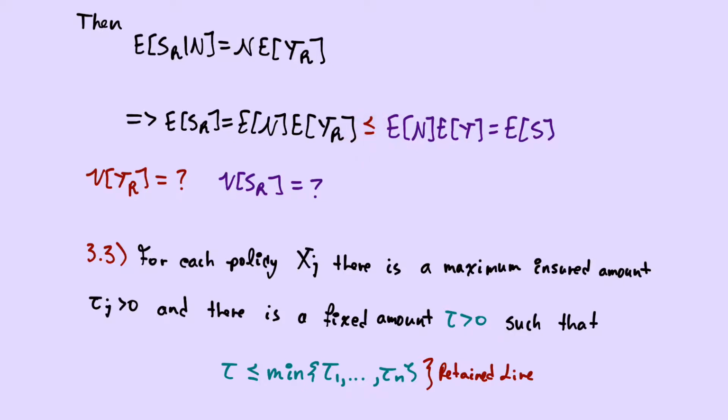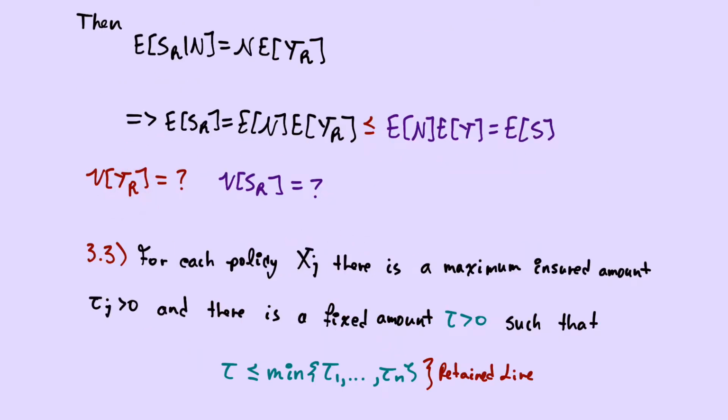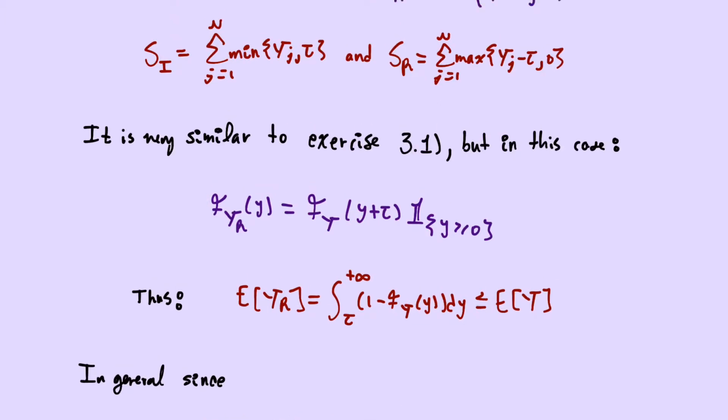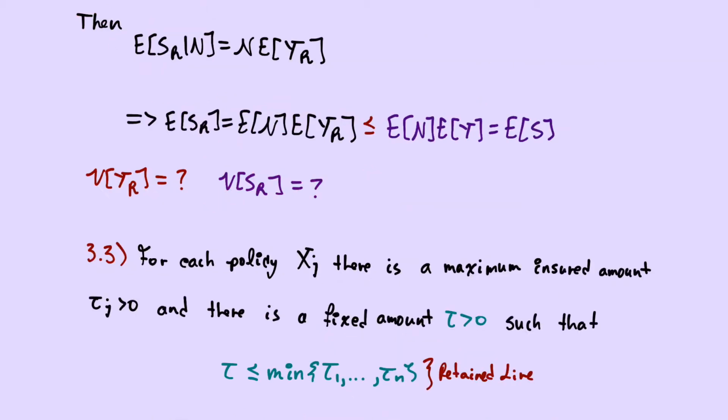With this expression we can compute the variance of Y_R, and then with a very similar method you can compute the variance of S_R. It is very similar to the calculations you have already done when you get the formulas for the expected value and the variance of a random variable with this model, a collective risk model.